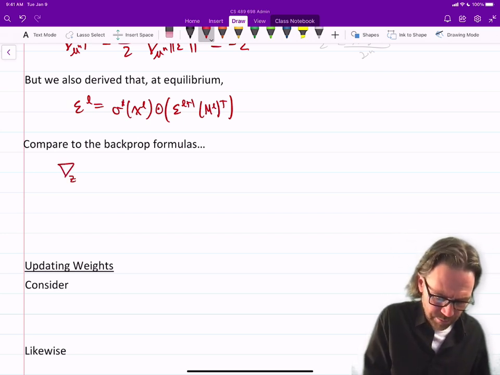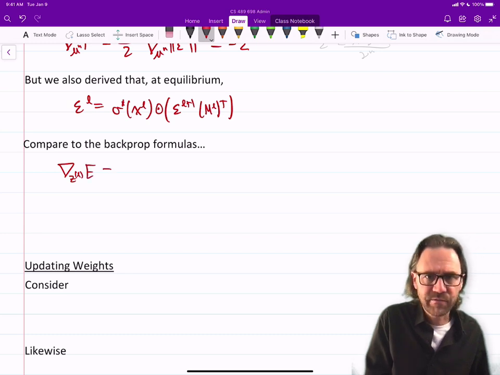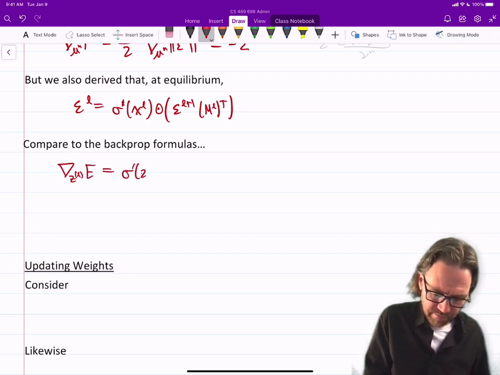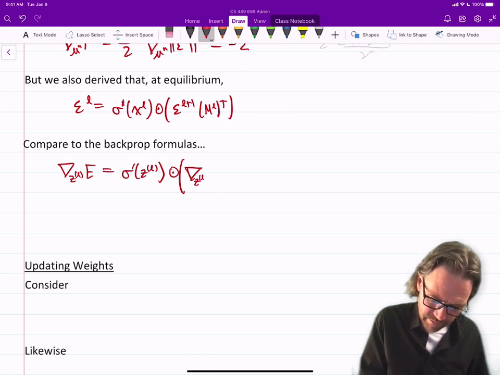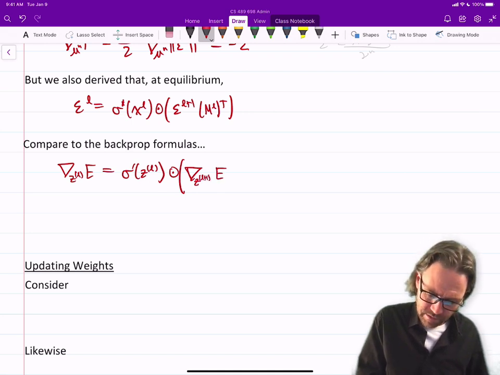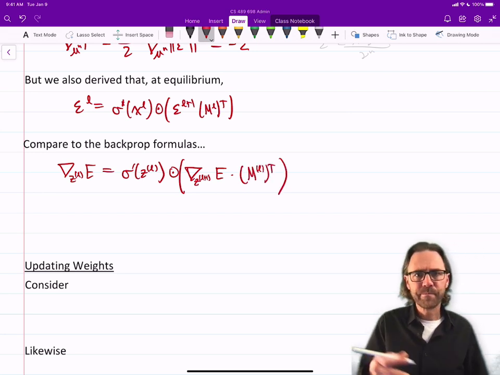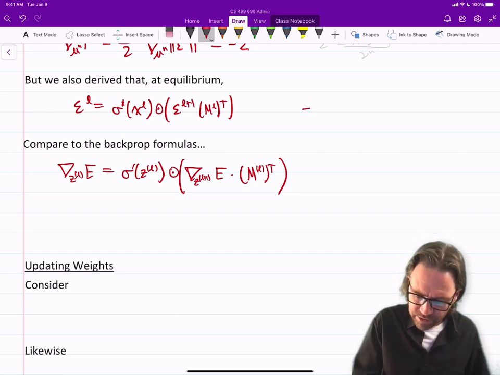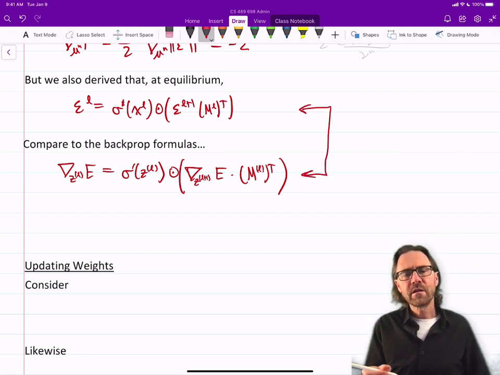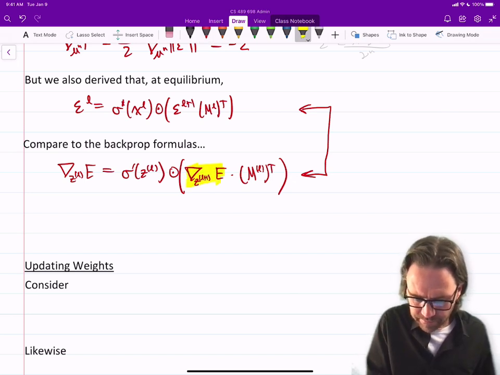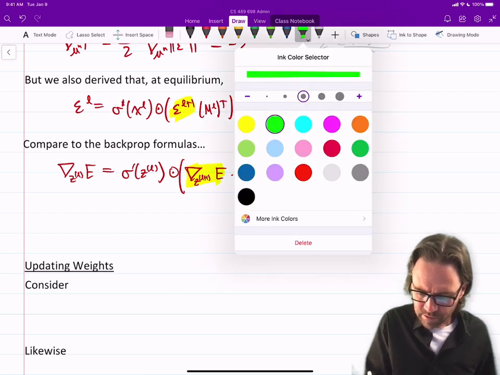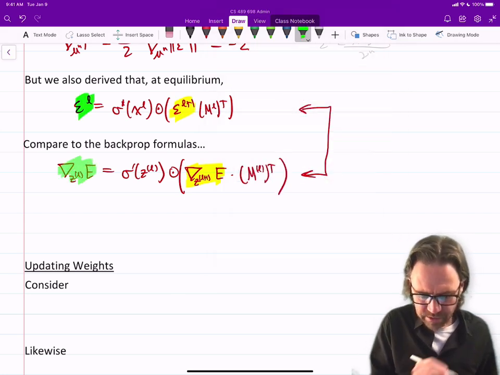The gradient of the loss function with respect to the input current to layer L is sigma primed, the derivative of the activation function, times the gradient from the layer above, times the weight matrix transpose. So these look very much the same. In fact, they pretty much do look the same if you allow that this is the gradient and we're passing that gradient down one layer.